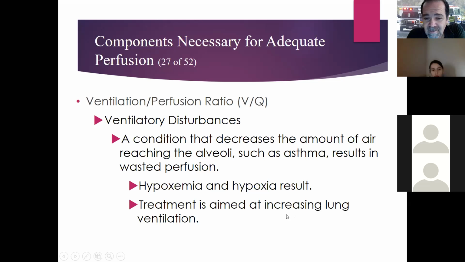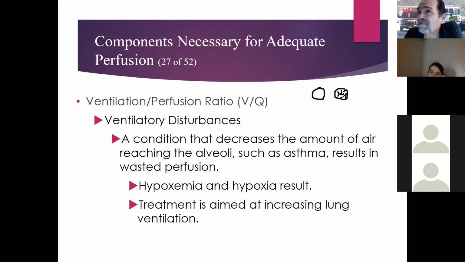Treatment is aimed at increasing the lung ventilation. So let's see, you have a lumen of the bronchioles that's supposed to be this big, but because of inflammation and everything, the lumen now becomes this big, and all this is inflammatory tissue. Not only that, there is the production of mucus plugs and everything. Then what we need to do is give a medication that will increase the lumen of that bronchiole.